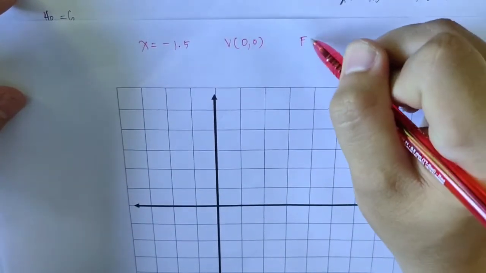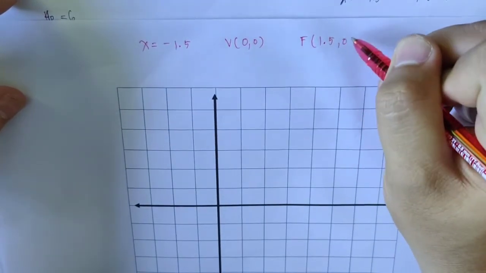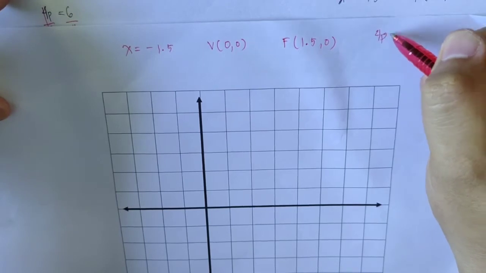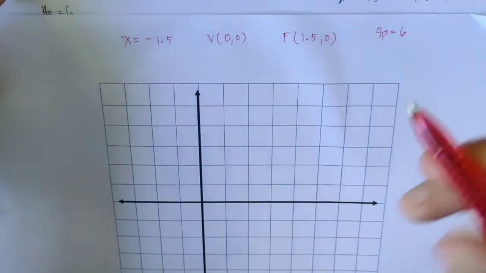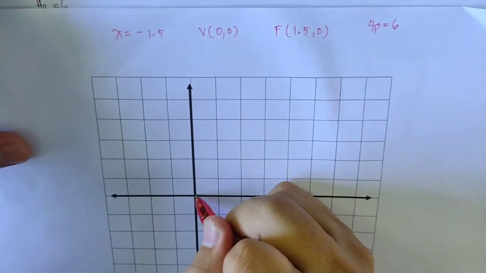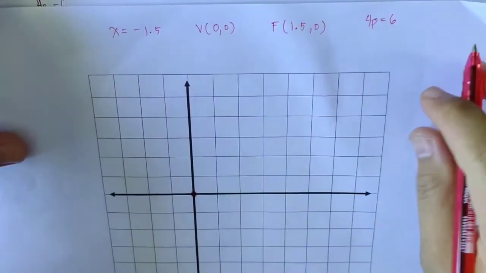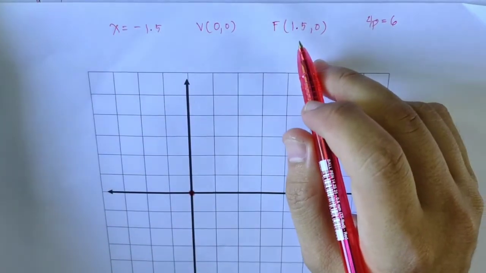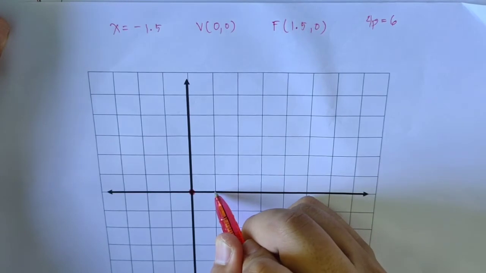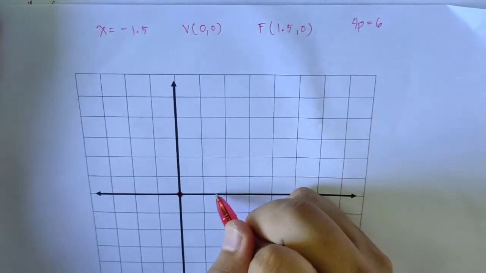Focus natin (1.5, 0), and yung 4p natin is equal to 6. So ang ating graph ay yung vertex (0, 0). Next, yung focus natin, positive 1.5 and 0. So 1, 2, sa pagitan na between 1 and 2 yan, so nandito yan sa gitna.